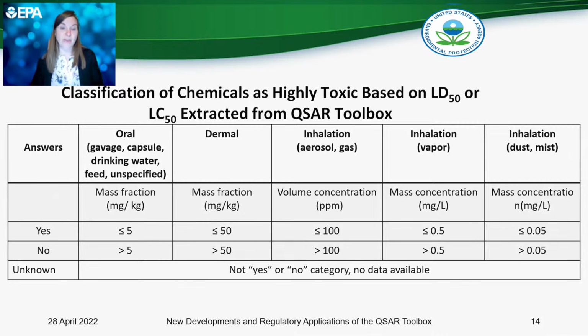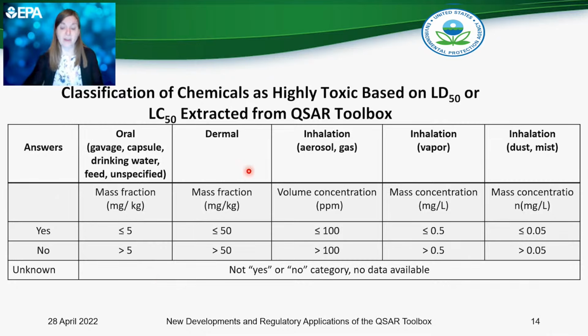For example, if QSAR Toolbox extracts data for a compound that was orally administered and with an LD50 less than or equal to 5 milligrams per kilogram, an answer of yes will be reported. Any value higher than that 5 milligrams per kilogram will be reported as a no. If the compound wasn't tested and no data can be found, an answer of unknown would be given.